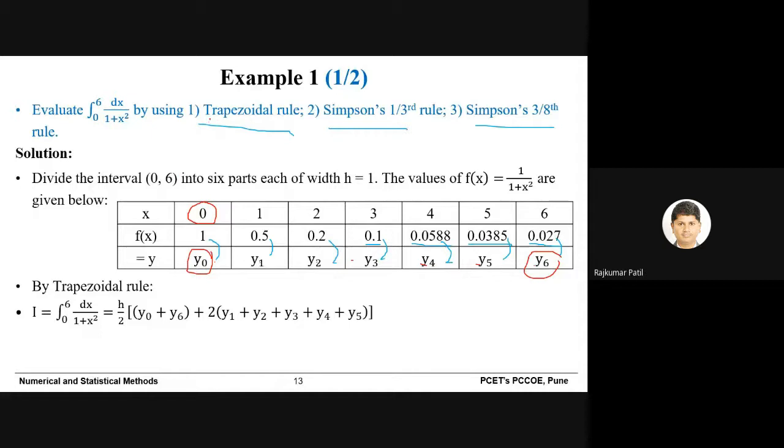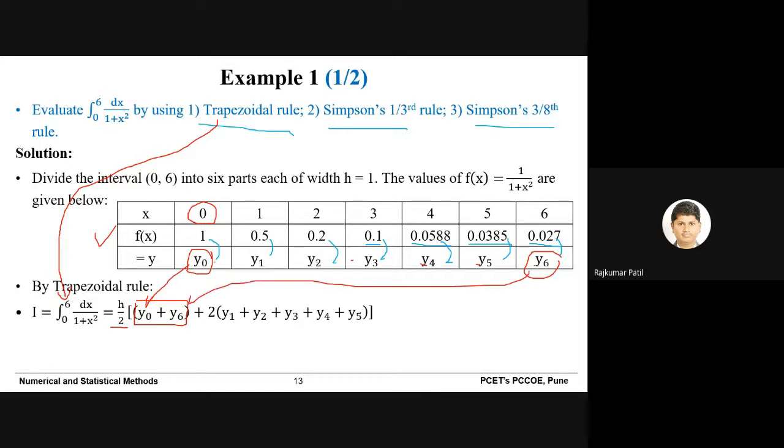And we have the general formula for the trapezoidal rule, and we simplify it and prepare the formula for the given problem. We know that the first term is h by 2. Then in the bracket there are 2 sub brackets. In the first bracket you need to put the first value and the last value.